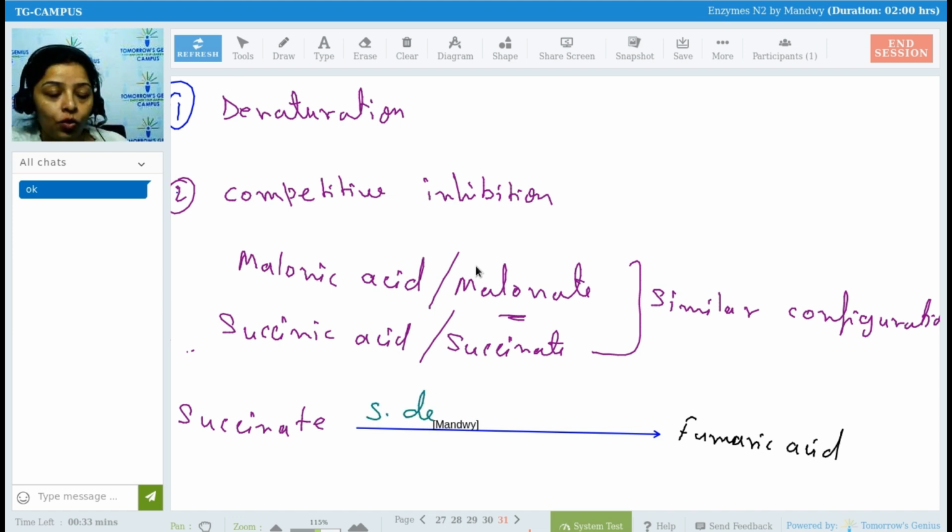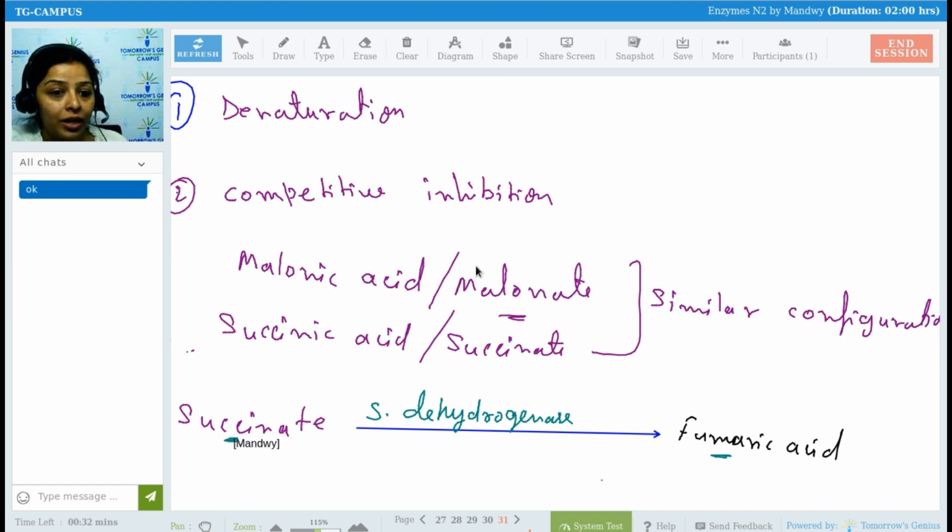You will write the full form of S, okay? Succinate dehydrogenase. So in the presence of succinate dehydrogenase, this succinate will be converted into fumaric acid.